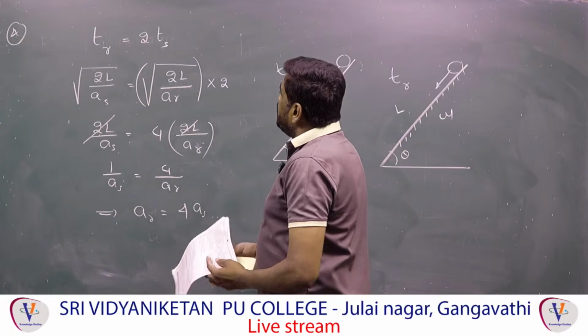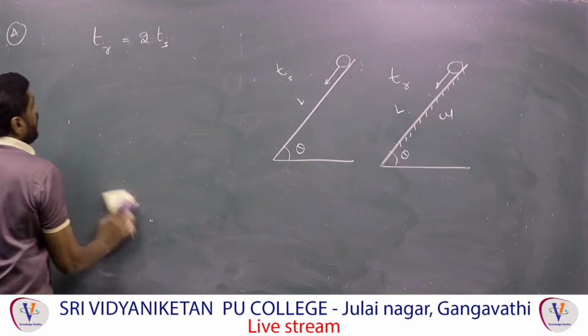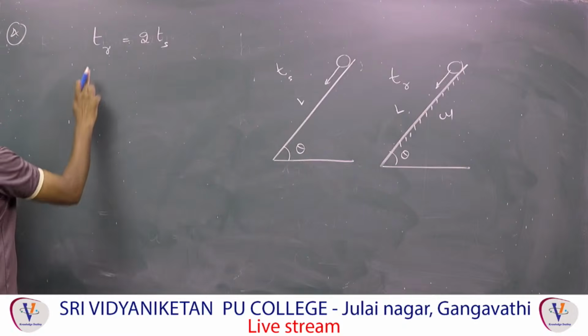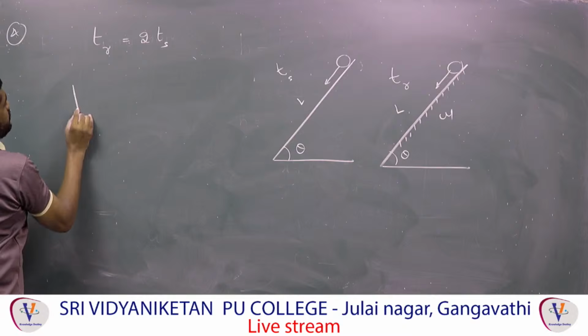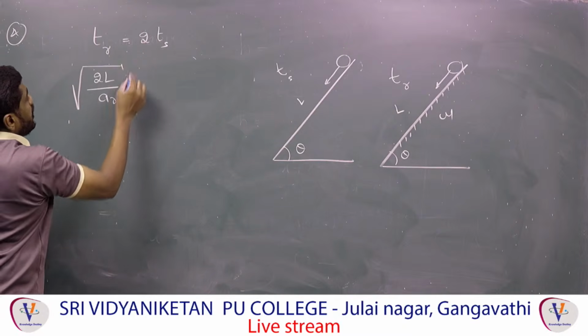Sorry, this is the rough surface, no? TR for the rough surface is equal to root of 2L by AR. Sorry for the mistake, guys.